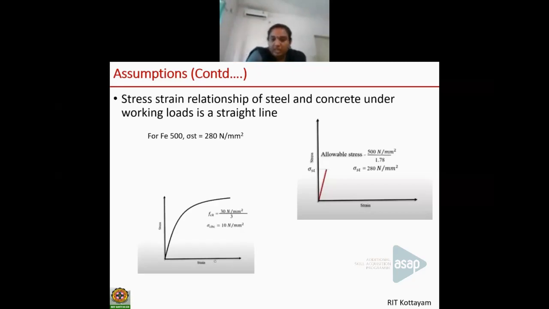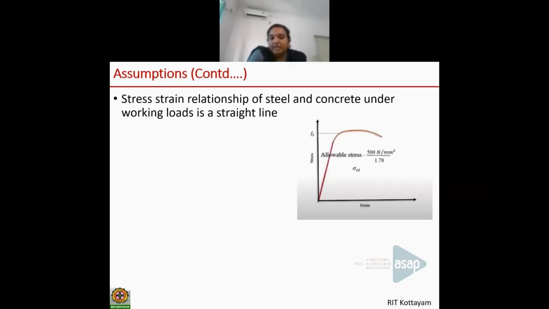Because of that, this kind of stress strain relationship comes. If it is an Fe 500 grade steel, we have Fy at this point, obtained by erecting a parallel to the initial straight line at 0.2% strain. You will cut it here, and this is taken as Fy, which is 500.